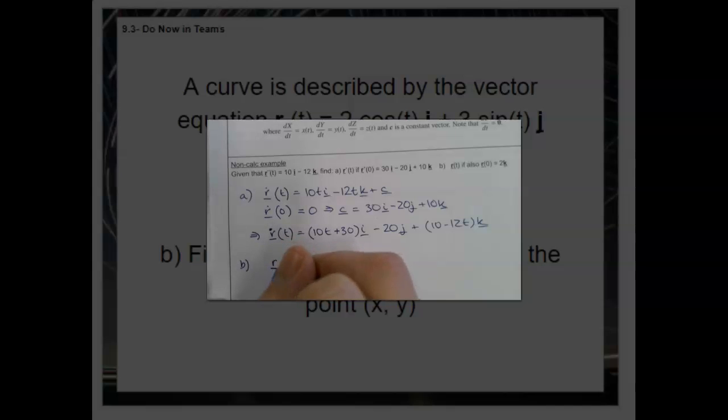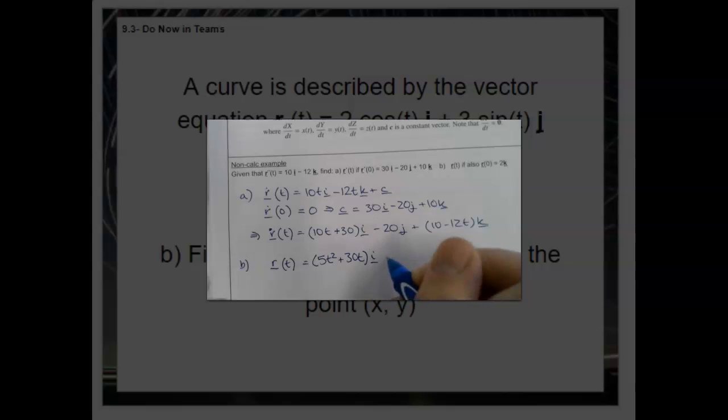So integrating 10t would give me 5t squared. 30 would give me 30t. That's my i component. I've got minus 20tj. And then I've got (10t minus 6t squared)k. But I've got my plus c, plus d, to use a different letter.